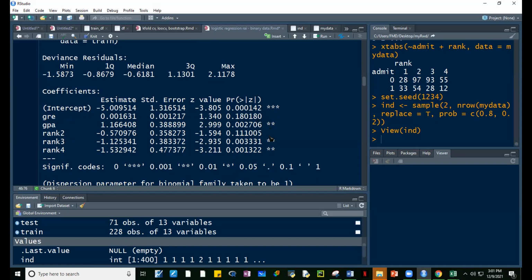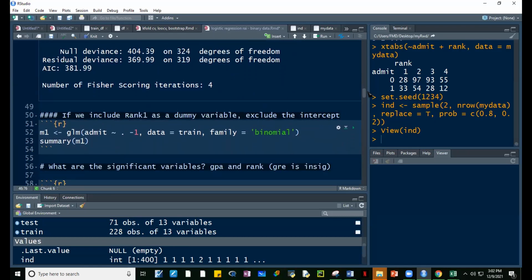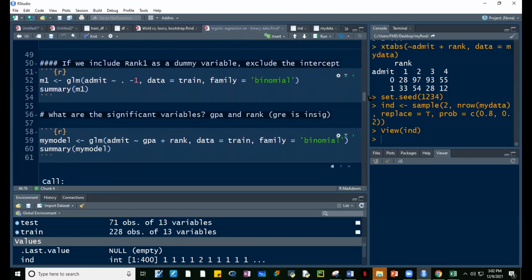Rank 2, even if not significant, should still form part of the model because it's a dummy variable. The benchmark is rank 1, so this should be interpreted with respect to that benchmark category.